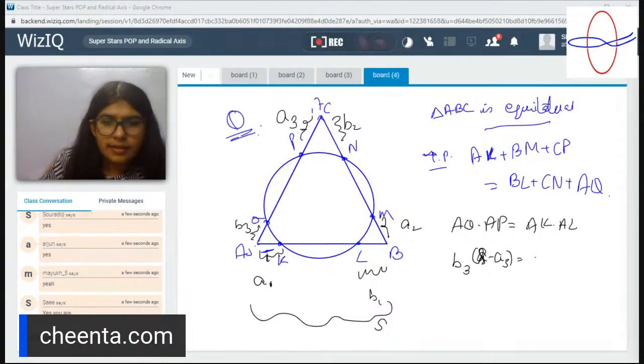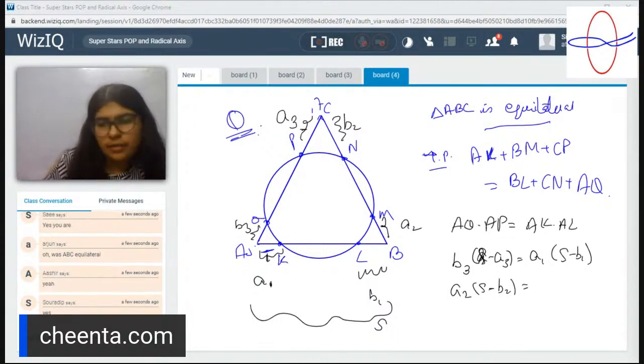AK is A1, AL is S minus B1, right? Similarly, A2, S minus B2.